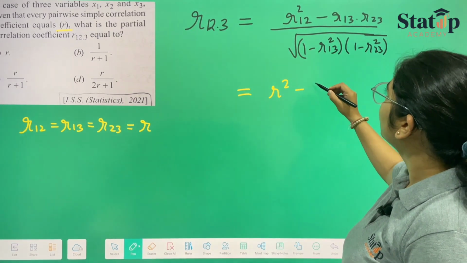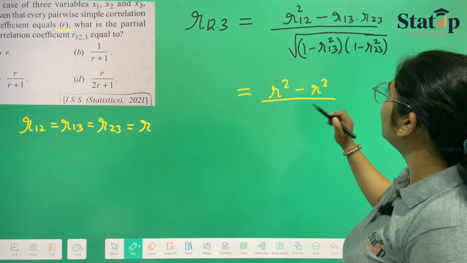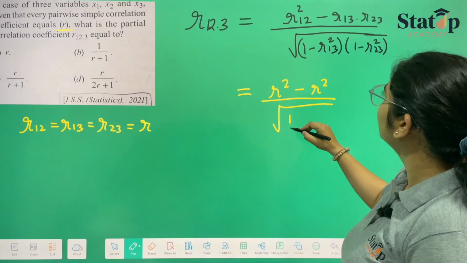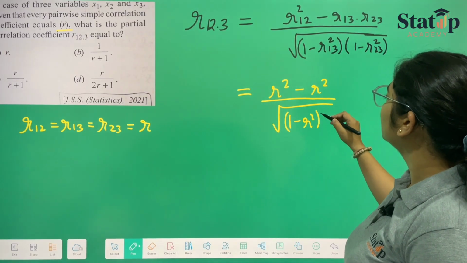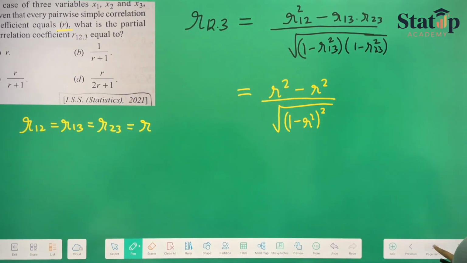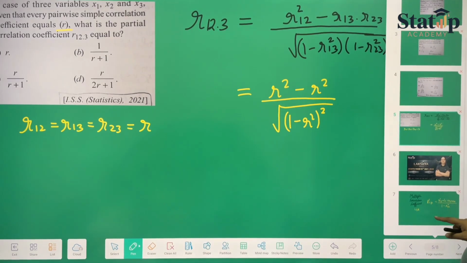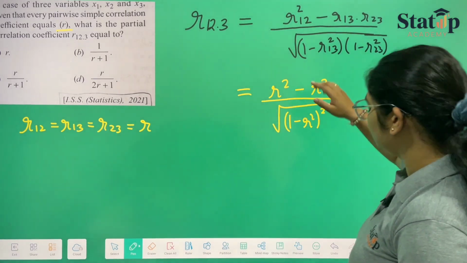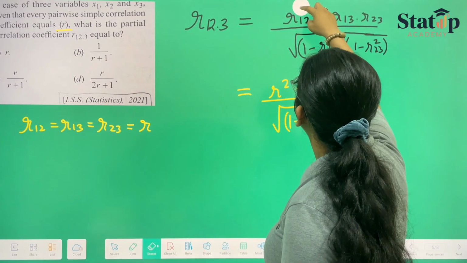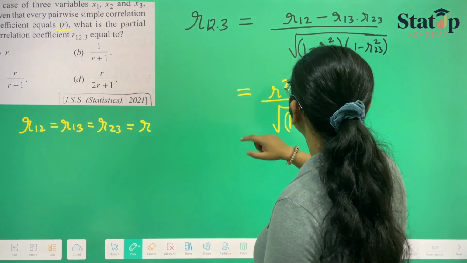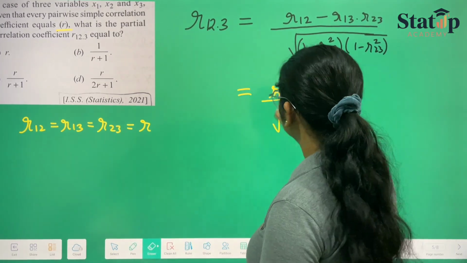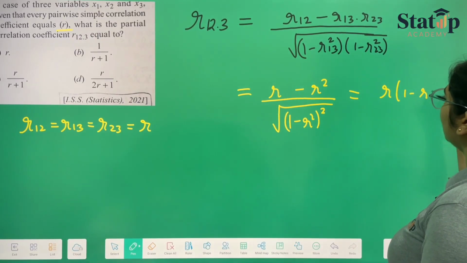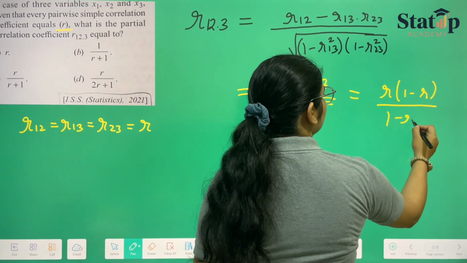It is R square minus R square upon under root of 1 minus R square whole square. We are doing some mistake here. Okay, it will be only R12, not square. Okay, so it will be R minus R square upon 1 minus R square.